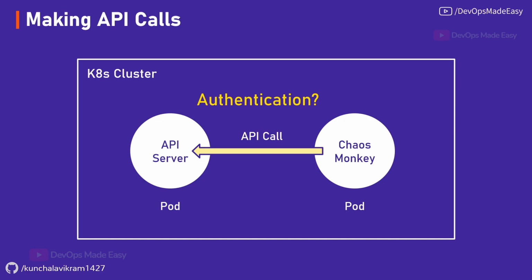For this, it will make an API call to the API server using the proper authentication. We'll understand how this Chaos Monkey pod will get all the permissions to delete the other pods, and how the API server is going to authenticate or allow the request from the Chaos Monkey pod. We'll understand all this in some time. So this is the demo that we are going to look at.